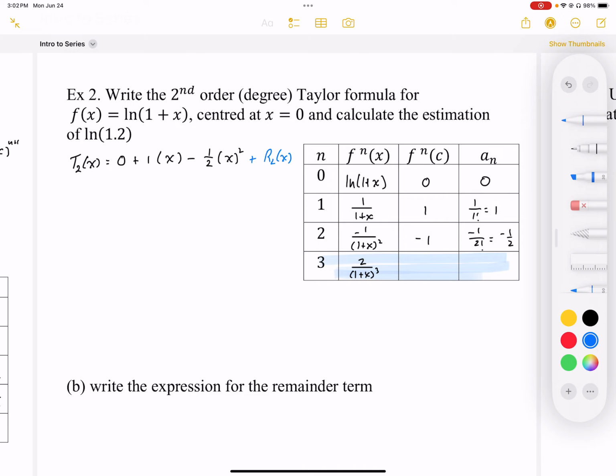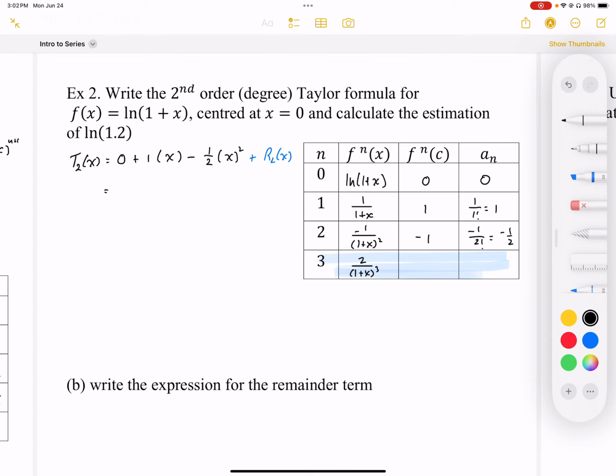So our cubic term is going to give us our remainder term. So when we work this out, this is going to be approximately, at x equals, in this case, t2 of 0.2 to give us the log of 1.2. X needs to be 0.2.